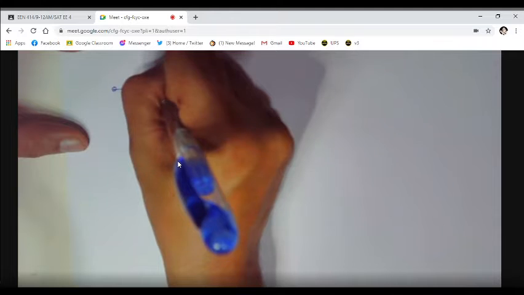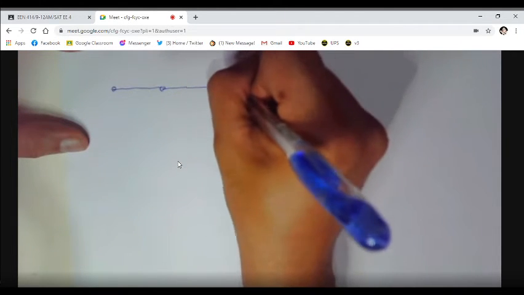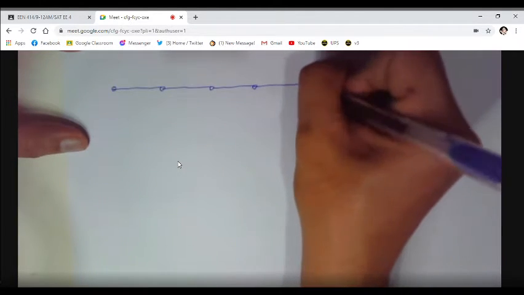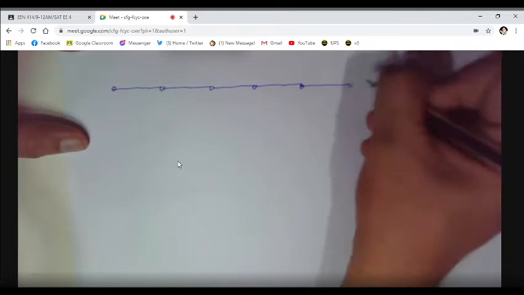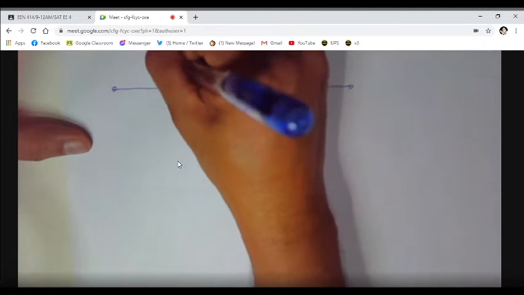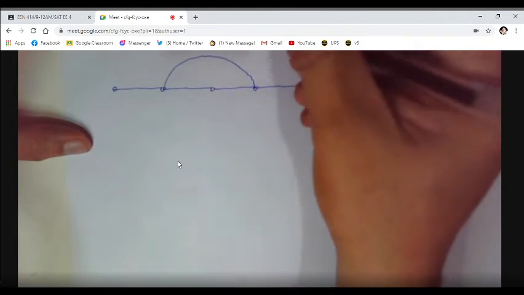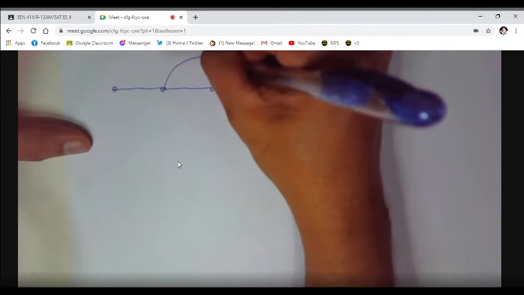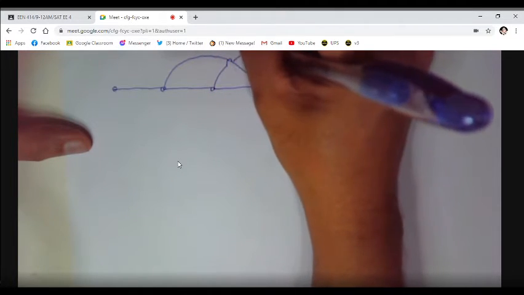Ilan ba yan? 1, 2, 3, 6 lahat. Okay, so you have yata yan dito. Tapos dito. Analyze class, analyze.